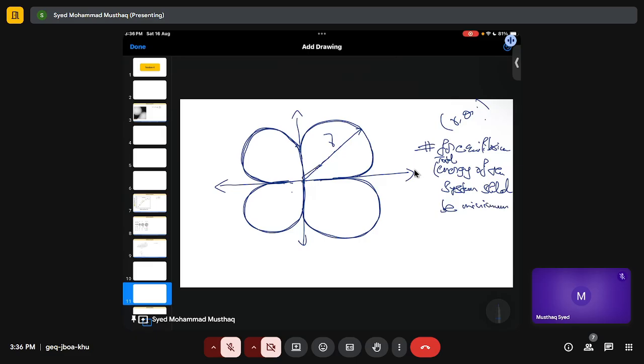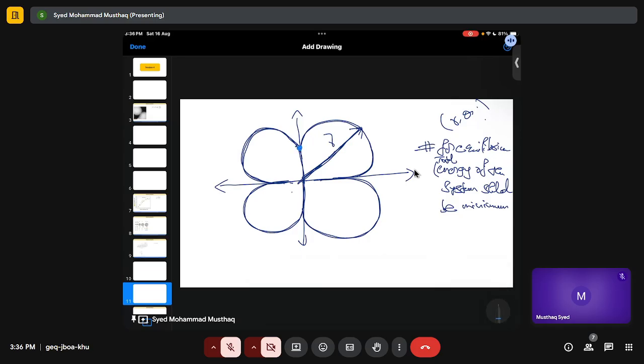Now, if every point on my graph gives me the surface energy of my system, then where do I find my minimum energy? I find my minimum energy at these cusps, right?